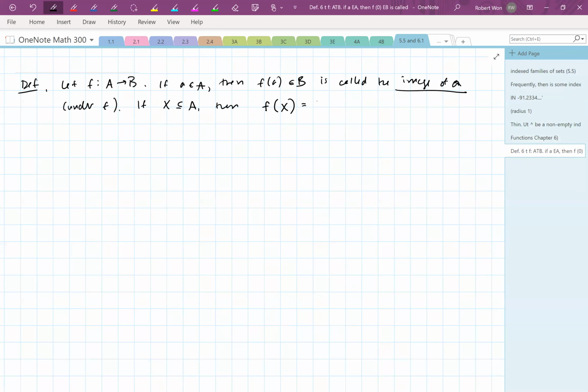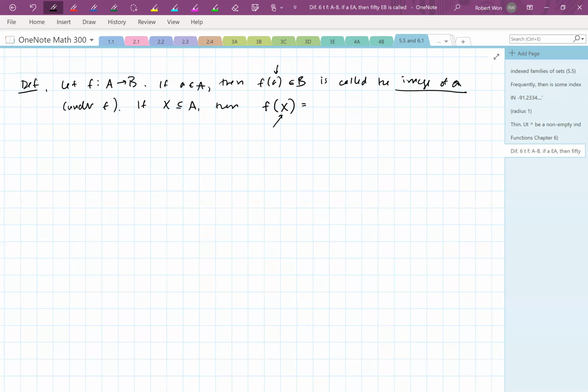What's the difference between these two things? Here, a was an element of big A. And the function took little a as input and spit out f of a as an output in B. So the function told you exactly what f of a is. Now, if X is a subset, that means it's a whole bunch of elements. I haven't defined what this notation means yet. I've only told you what f of an element means.